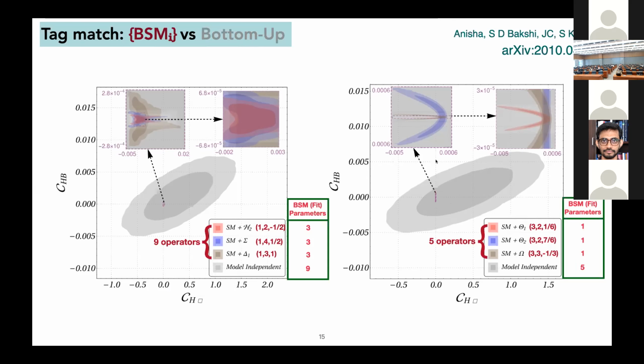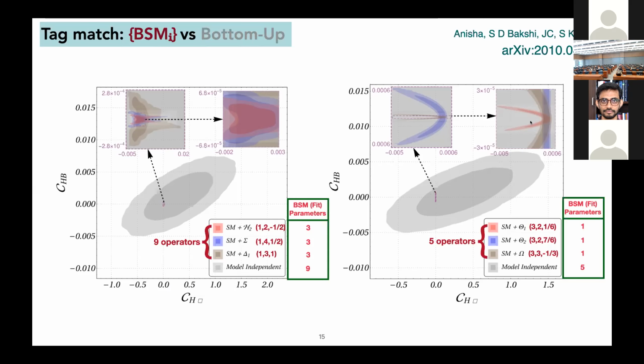Once you zoom in, you can see how different models have their dependence in the parameter space. So the lesson is that they are highly degenerate, and we need to think about how to break their degeneracy.